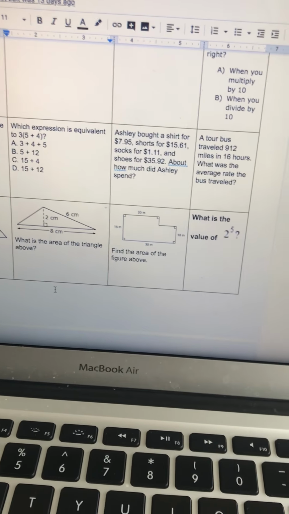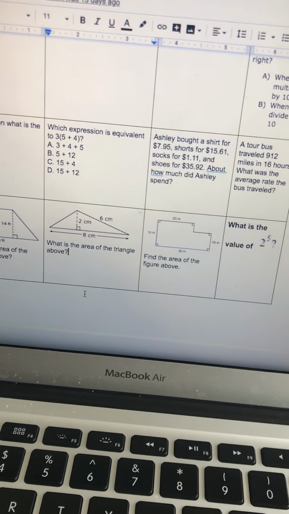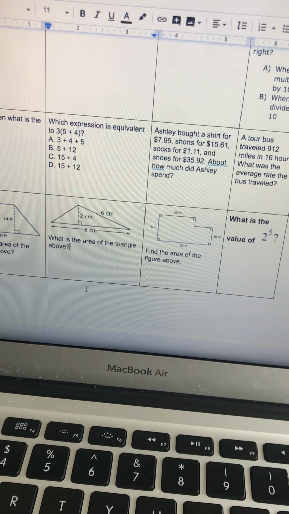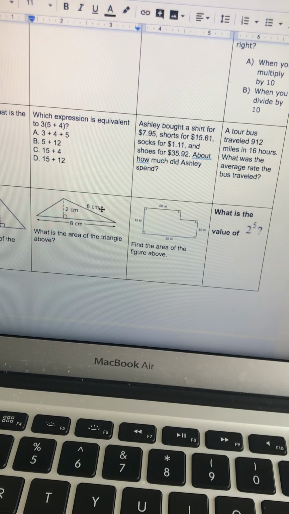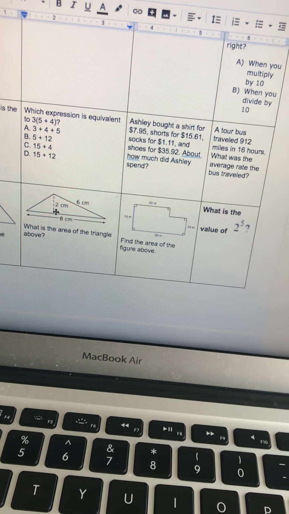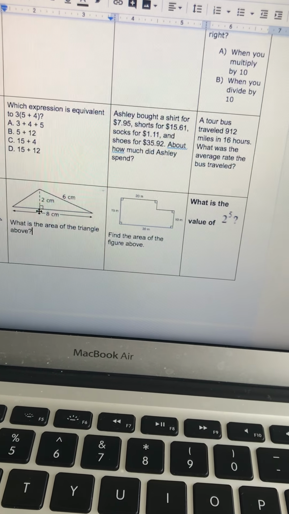Our base is 8. All right, that's 6. We don't need it. If this triangle was turned, it might be easy for some of us to think 6 was the height. That is not the case. Remember, the height has to be perpendicular to the base. So that 6 is just an unneeded number.